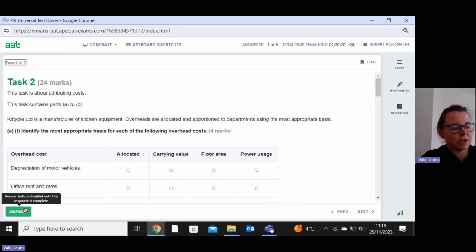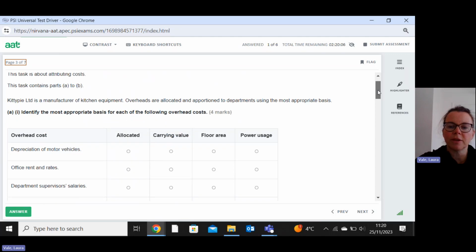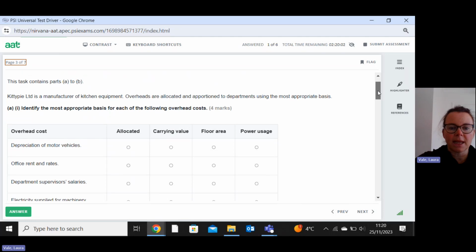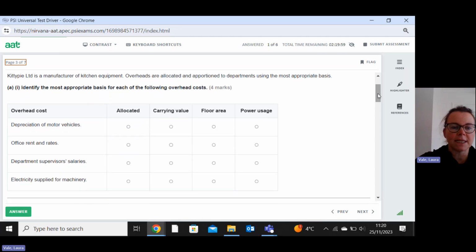Okay, on to task 2, which is also 24 marks, about attributing costs. So Kitty Pie Limited is a manufacturer of kitchen equipment. Overheads are allocated and apportioned to departments using the most appropriate basis. So we've got to pick the most appropriate basis.